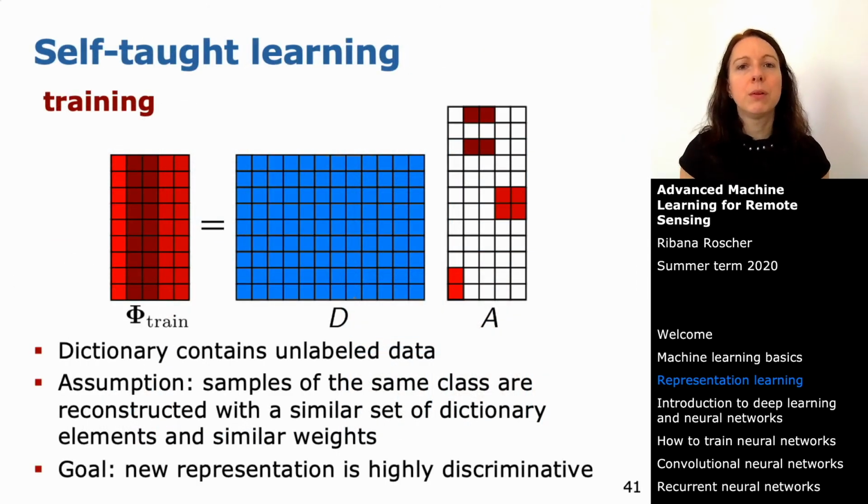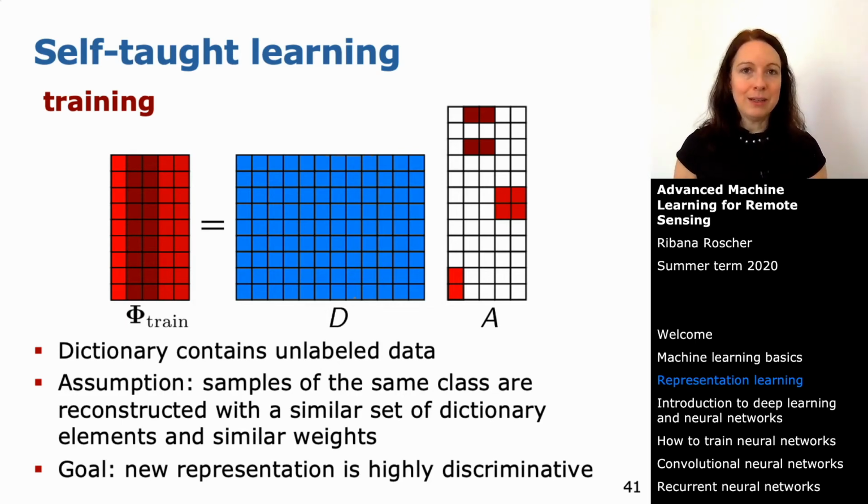When you perform self-taught learning, you use the same procedure for sparse representation I told you before. So in this case, you have given some signals, which are pixels or image patches or whatever kind of data you want to use. You have a dictionary with basis elements, and alpha contains the weights for the weighted linear combination.